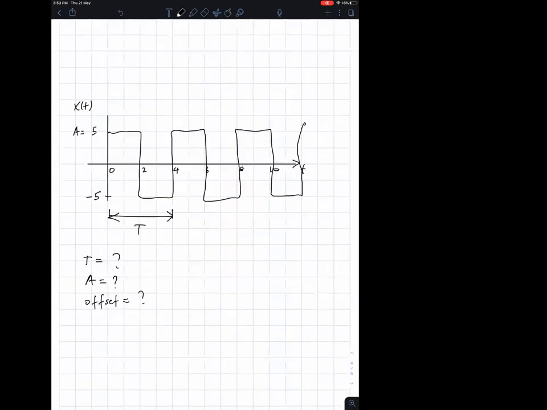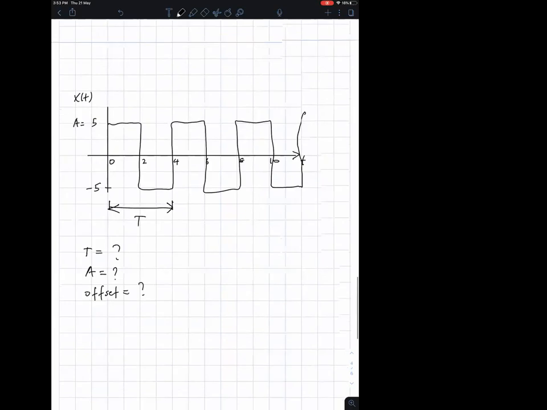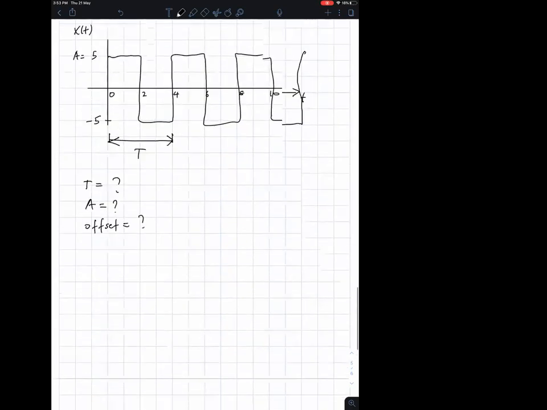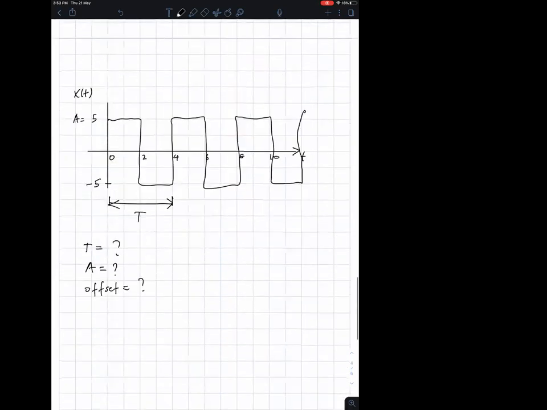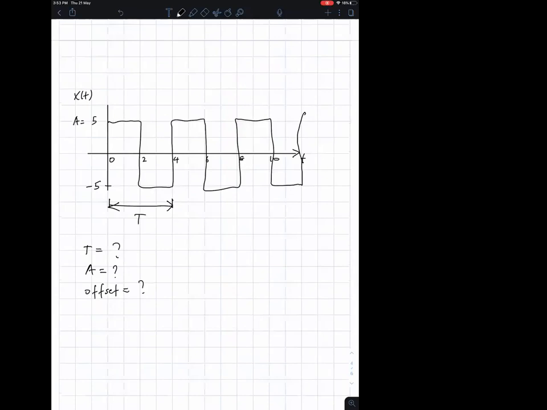If anyone has the same thing, later on I would like you to send me a WhatsApp and tell me what period, amplitude, and offset you chose.